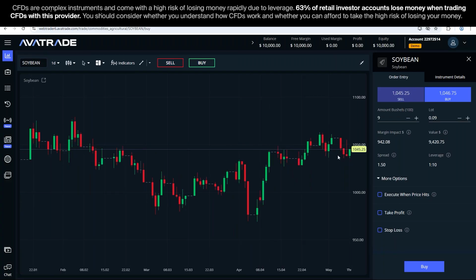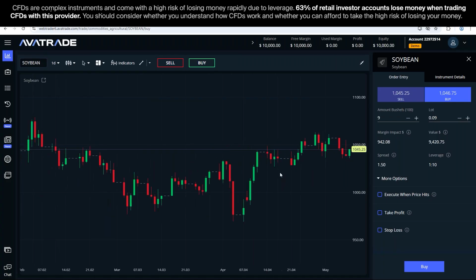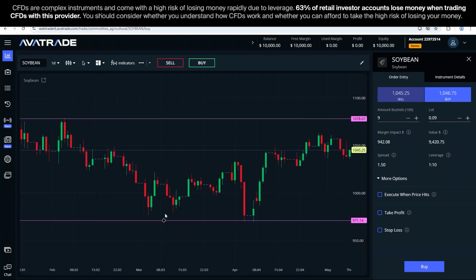We do see that it turned around. Yesterday it was bullish, but it went back. And if I scroll down a bit, we can also mark those lines to help us understand better where we are at.